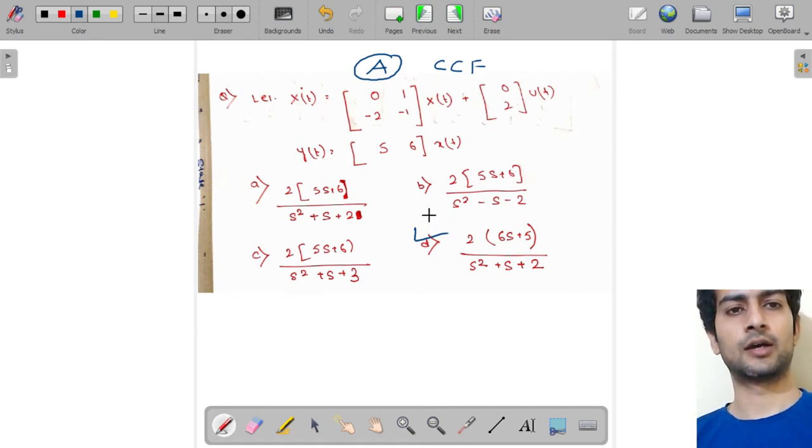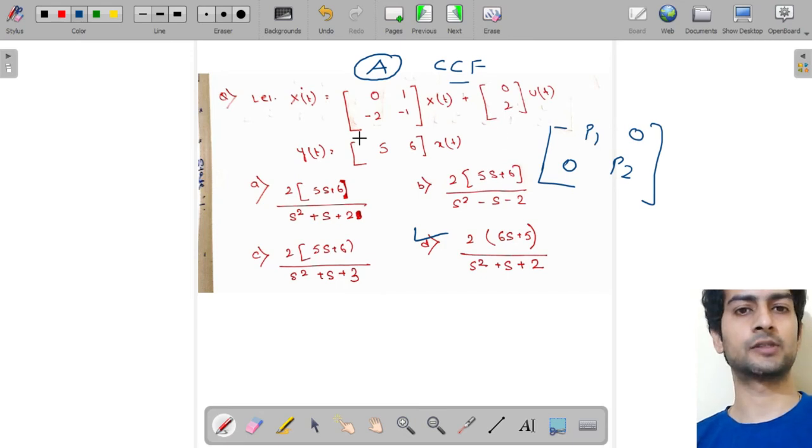So now if you are given a state model and asked to find the transfer function, always focus first on which form it is given in. If it is in CCF, 0 1 will be here. If it is OCF, 0 1 will be here. If it is in DCF, diagonal canonical form, then you will get P1 and P2, that is, non-diagonal elements will be zero, rest will be non-zero.